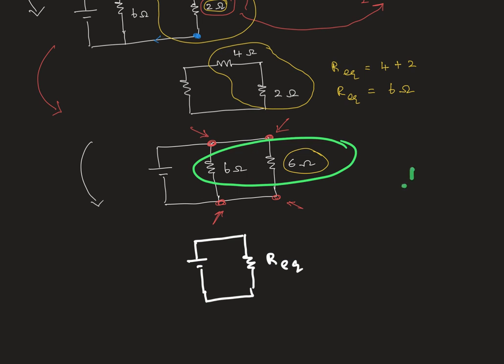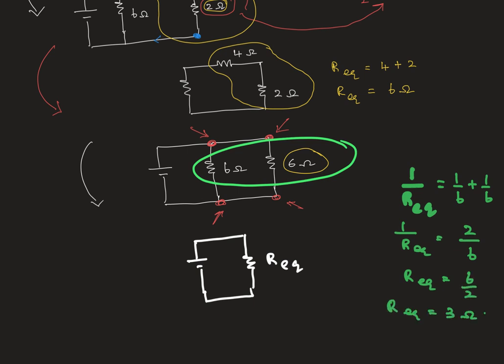So you got 1/R equivalent equals 1 over 6 plus 1 over 6, and 1 over R equivalent equals 2 over 6. Take the reciprocal, that gives you 6 over 2, and R equivalent is 3 ohms.